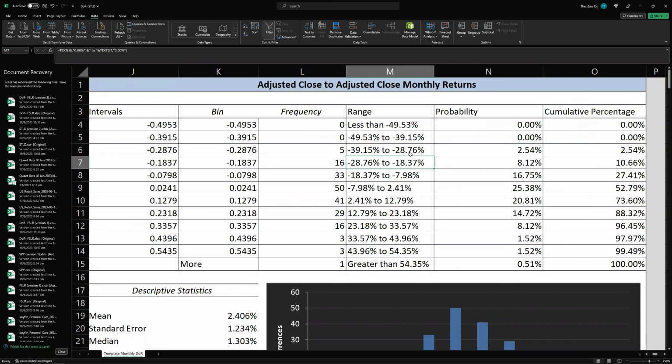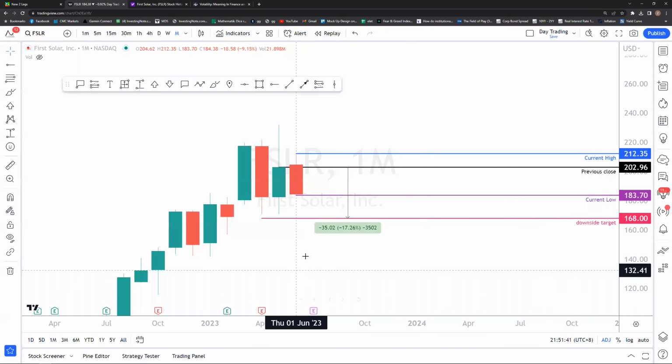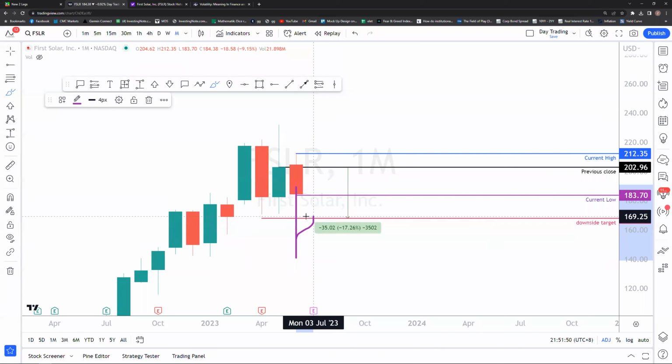We need to account for those closing lower also. And the probability is 10.66%. Meaning there's a 10.66% chance that within this month, First Solar will close at 168. The keyword is close, meaning it can just go down and then close back up also, which is possible.